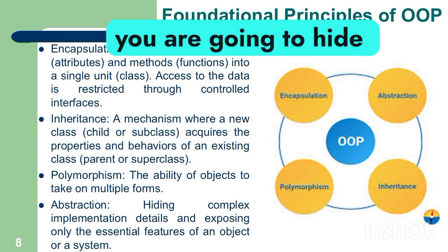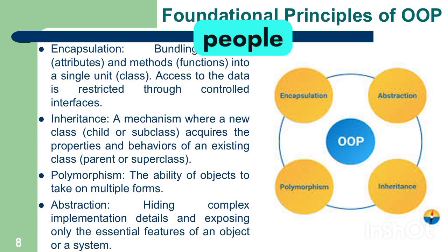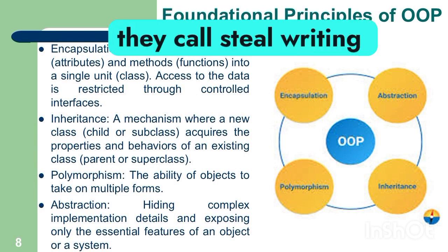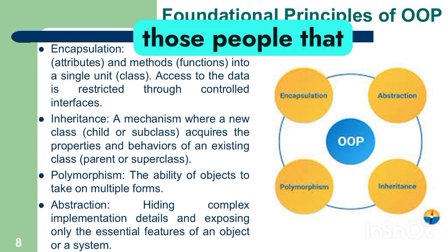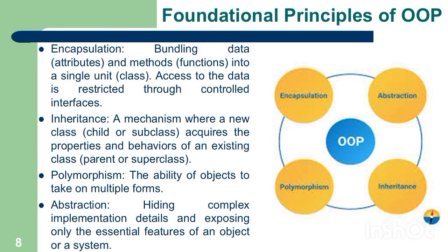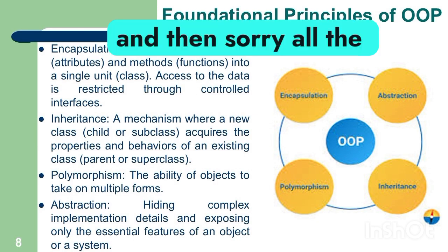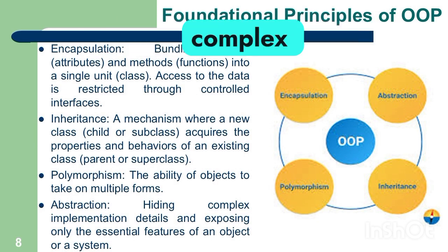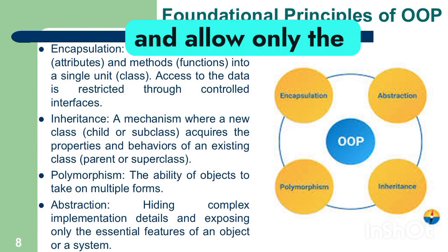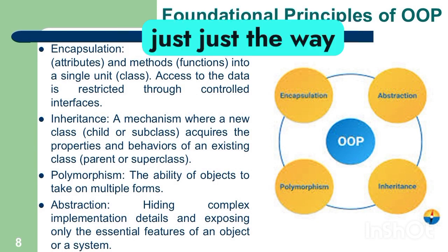You are going to hide your system, your idea, from those people that want to copy your idea. You can hide all the complex implementation and allow only the essential features.